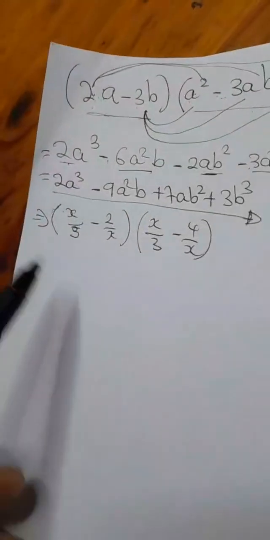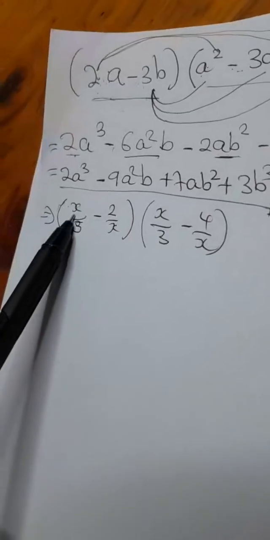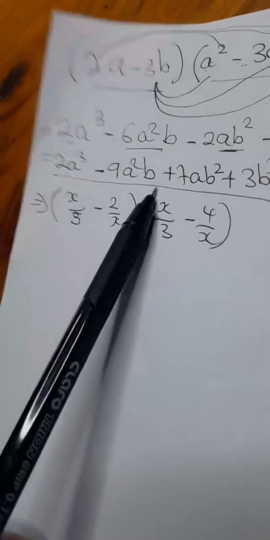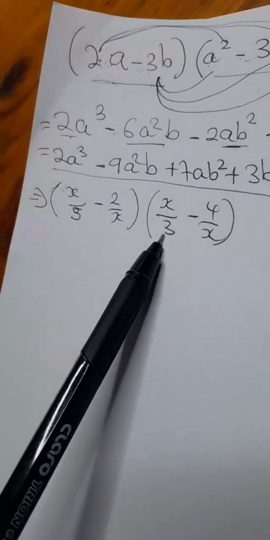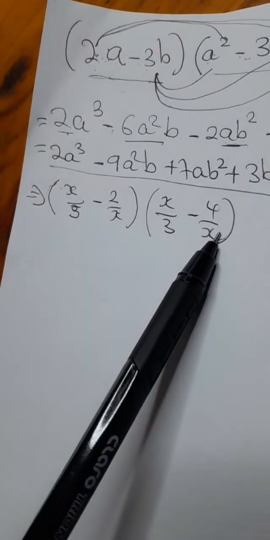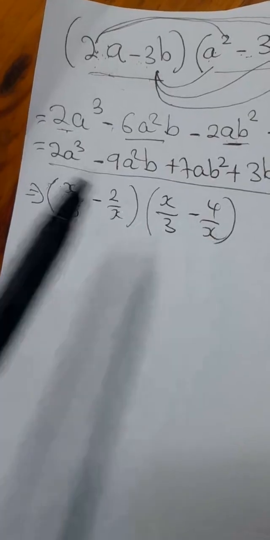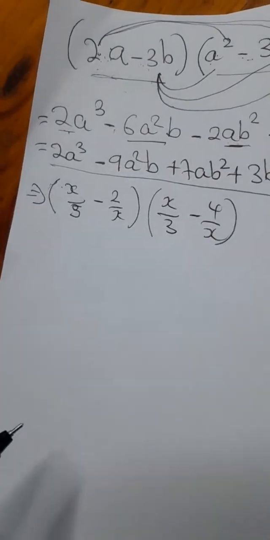All right, so this is (x/5 - 2/x)(x/3 - 4/x). How do we solve that one?